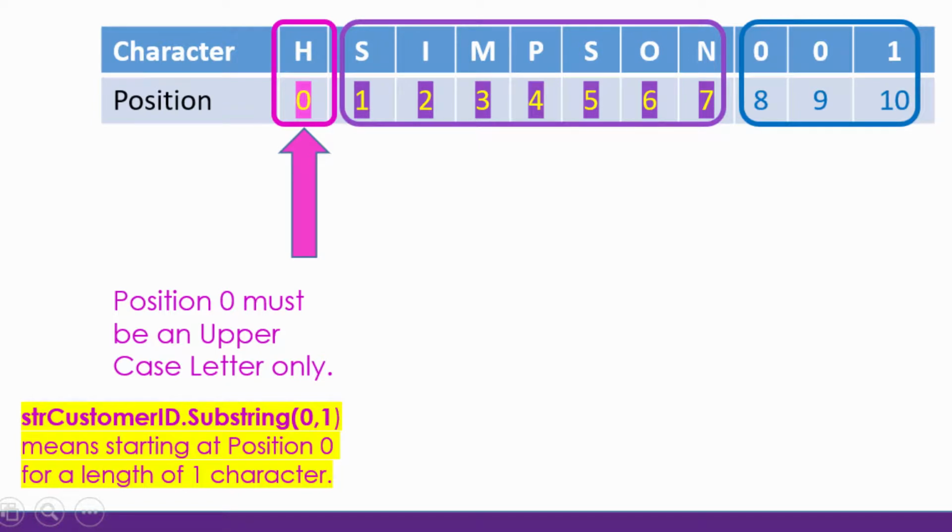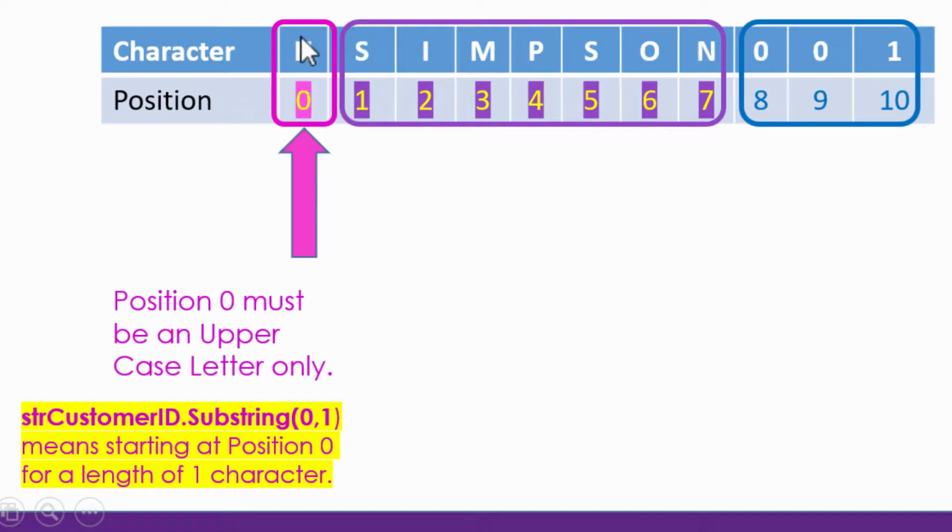All very complicated, I know, and you're probably starting to really hate this. But position 0 has got to be an uppercase letter. How we can pick out that position to check it with Visual Basic code is this thing's going to be called string customer ID, the whole thing there, and we're going to have to do substringing. So we only want to get this part that's circled here.